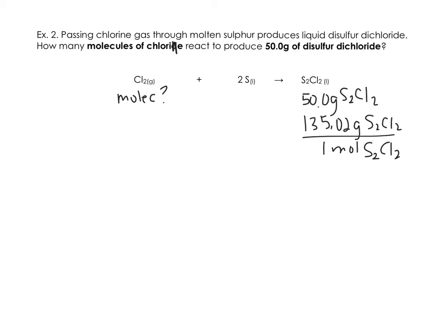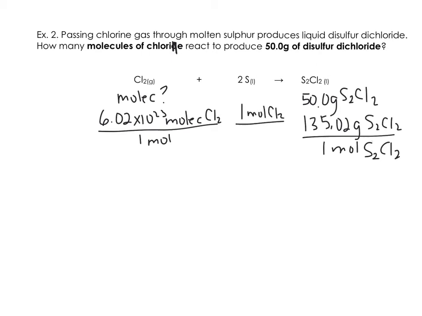So we know that we have to use Avogadro's number. And we will need a mole ratio of S2Cl2 and chlorine. So there's 1 mole of Cl2 for every 1 mole of disulfur dichloride. So pretty much this is where we're starting.